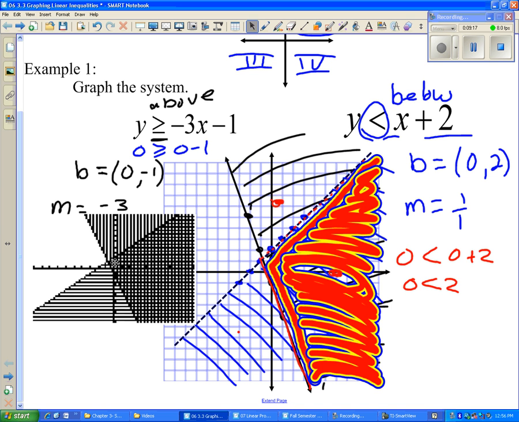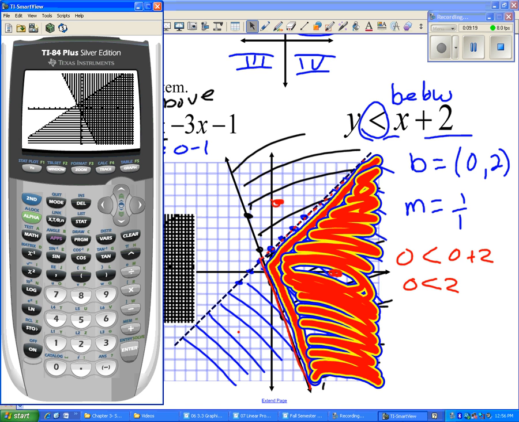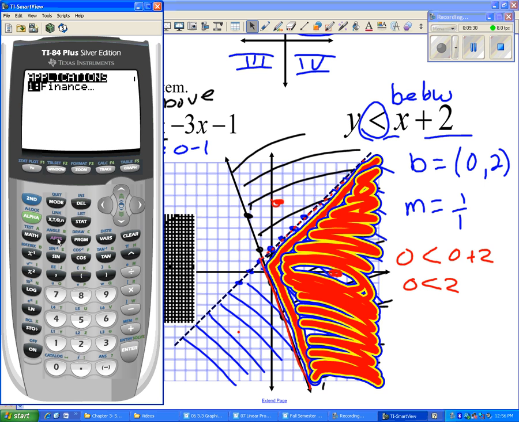Now, if you have a TI-84, you possibly have a special application. To the right of the math button, there's a button that says apps. Hit that now. At this point, you want to arrow down till you get to something called inequalities with a Z, inequalities.